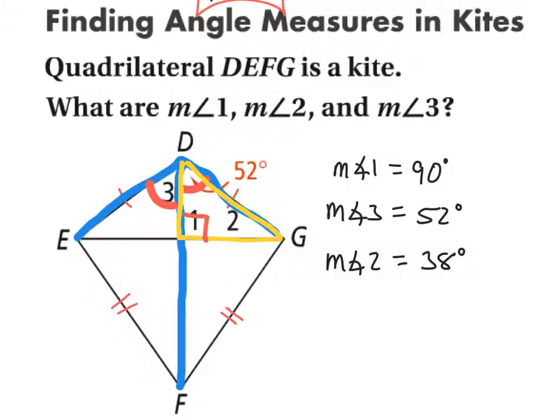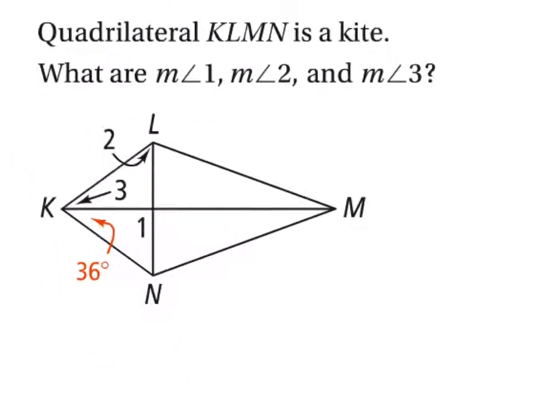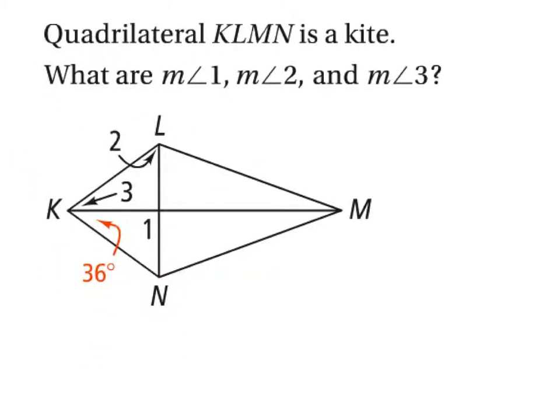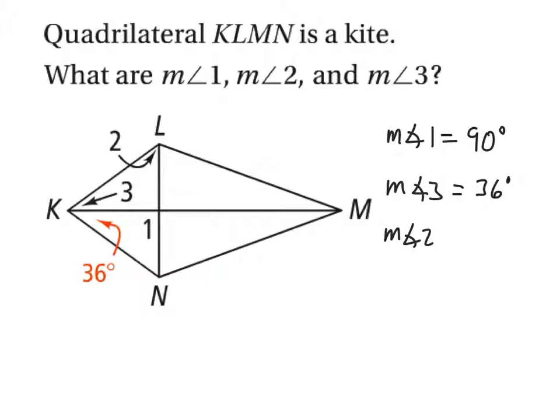Let's try it again. Next example. Which one do we immediately know? The measure of angle 1 is 90 degrees. What other one do we immediately know? The measure of angle 3 is 36 degrees. Okay, so then to find the measure of angle 2, just like before, we should look at this small triangle.